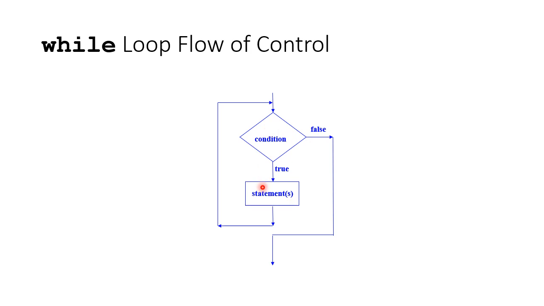If it's true, it goes to the statements inside the braces, and then goes back to the condition and tests it again. If it's true, it goes to the statements again, and then tests the condition. Until the condition becomes false, then it goes outside the loop. This is the part where your looping occurs.